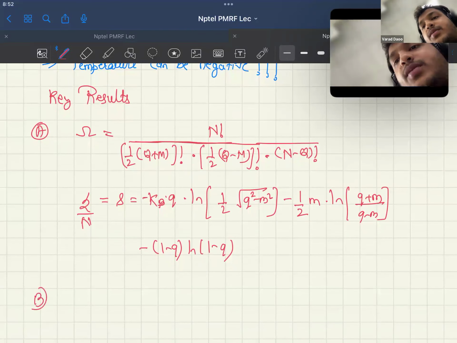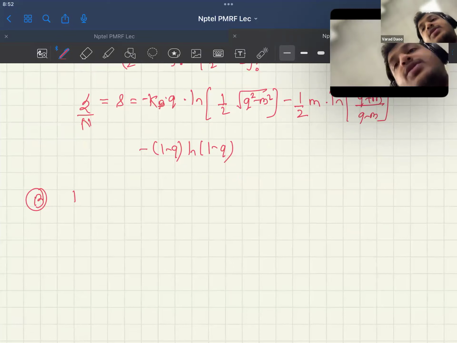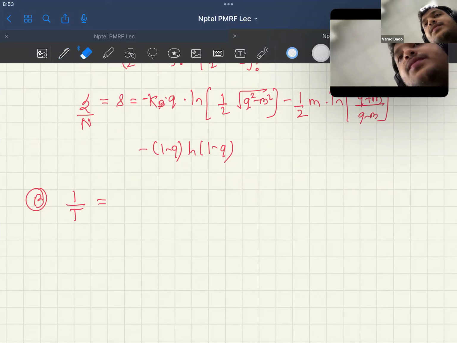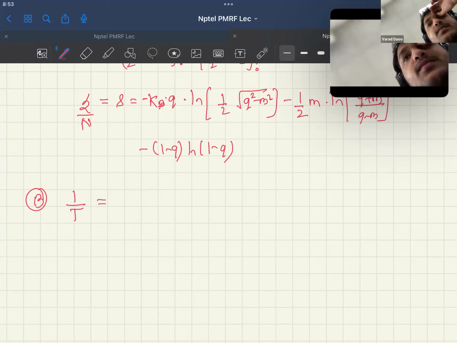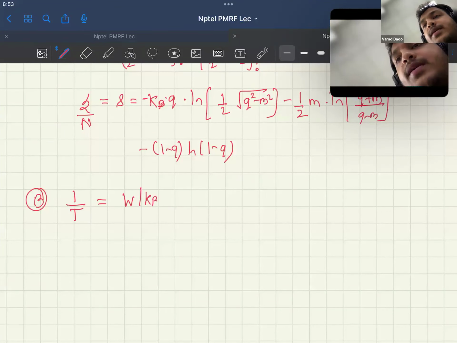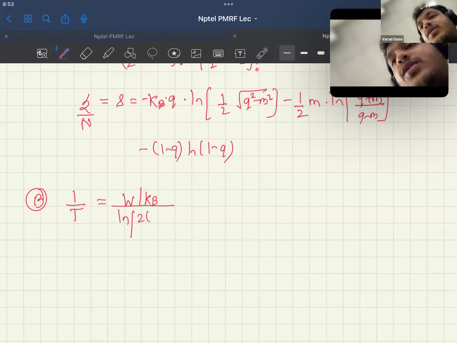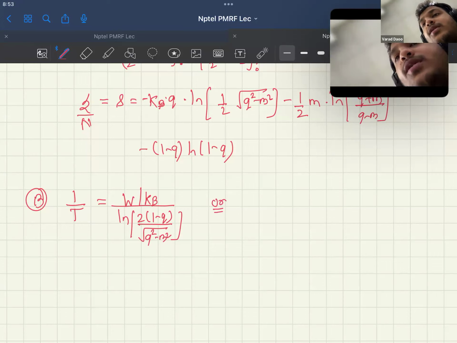Further, for part B, we found that 1 by temperature was equal to W by KB divided by ln of 2 into 1 minus q divided by square root of q square minus m square, or T is equal to W by kB divided by ln of 2 into 1 minus q divided by square root of q square minus m square.